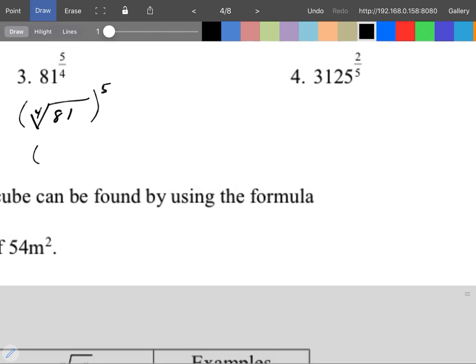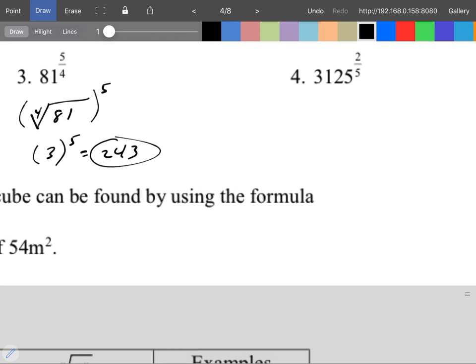So everything inside those parentheses, the 4th root of 81, that's just 3. So then our final answer is going to be 3 to the 5th power. Well, that's going to give you 243. Three to the 5th, that would be 3 times 3 is 9, times 3 is 27, times 3 is 81, times 3 is 243.